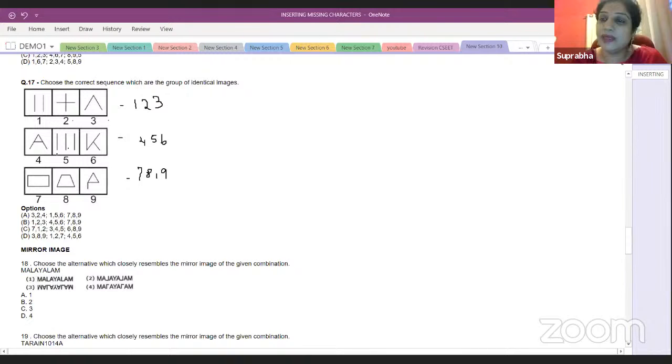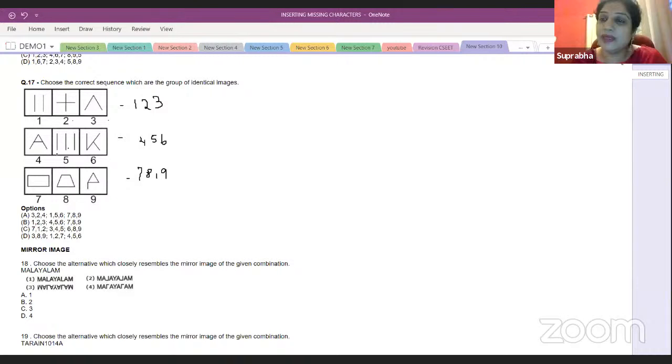What is the combination here? In the first row, 2 strokes are being used. Similarly 1, 2, 3, all have 2 lines. In 4, 5, 6, all 3 have 3 lines. And 7, 8, 9, all 3 have 4 lines. So 2 lines, 3 lines and 4 lines. That will be your combination.